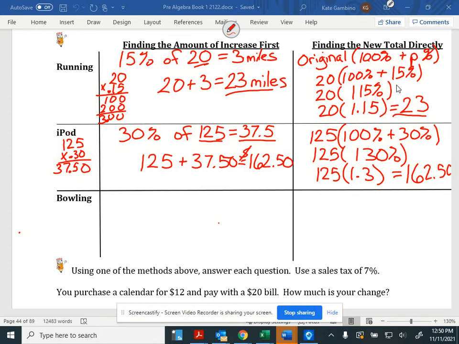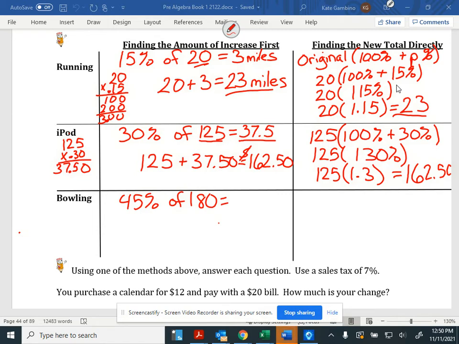Your bowling score was 180, and your goal is to raise it by 45%. How should I set that up? 45% of 180 equals how much? What is that increase?